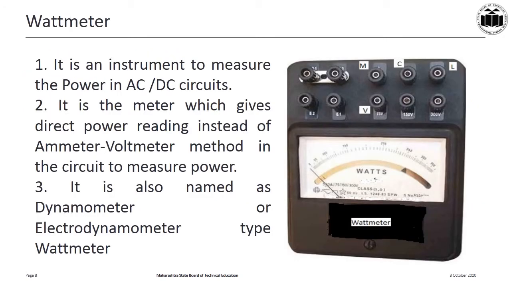The primary way of power measurement in a DC circuit is the ammeter voltmeter method. The alternate effective way of measuring power is employing a special instrument called a wattmeter. The dynamometer type wattmeter can measure both AC and DC power, and directly gives the reading on the scale provided.